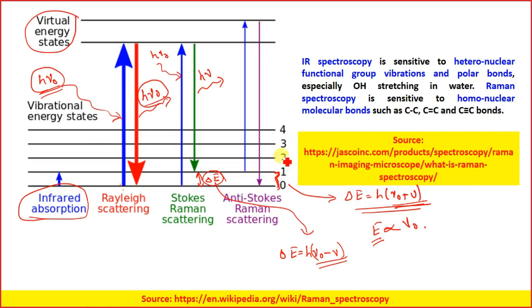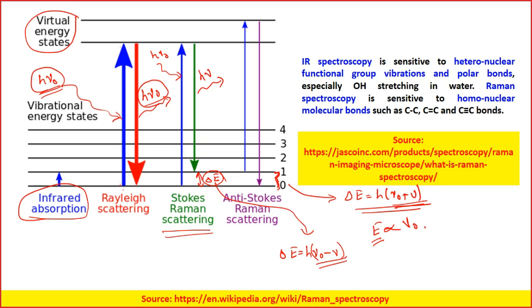So what is happening? The change in this vibrational level, where it is coming and going: if it is starting from the same vibrational level and coming back to the same vibrational level, then it is not retaining any energy. In Raman scattering, or the Stokes Raman scattering, it means it is retaining some energy.